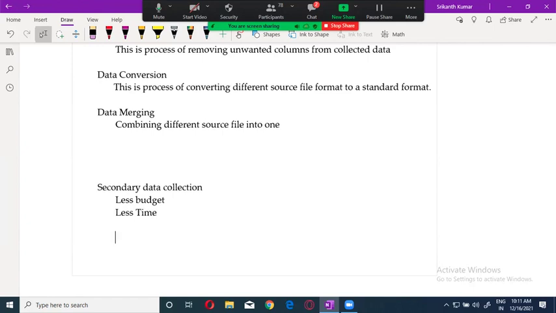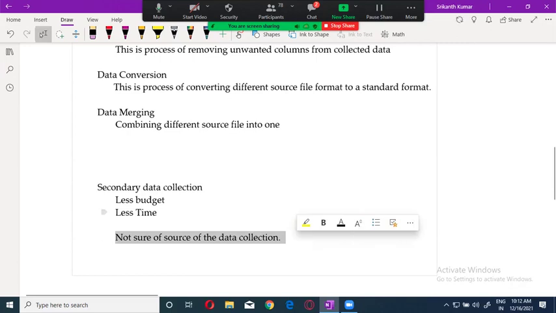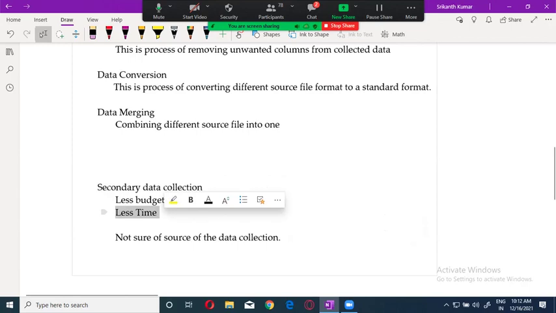How genuine is your data? We are not sure about that. You are believing the other person's sources, so we are not sure of the source of the data collection. This is the major drawback and limitation here. But when we have less budget and less time, we have to go with it.